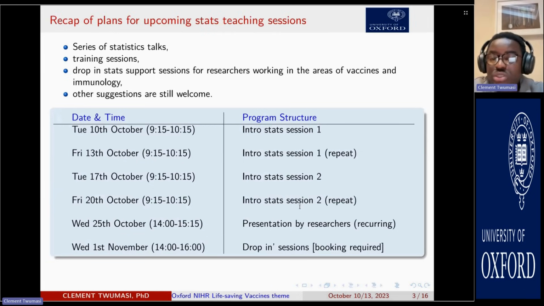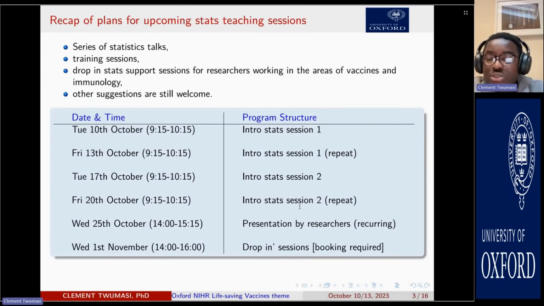The goal is to have an instance where researchers could brainstorm over a presenter's work. It could be maybe 3 people presenting within a period of 1 hour, 30 minutes, and so on. But it's still under development.